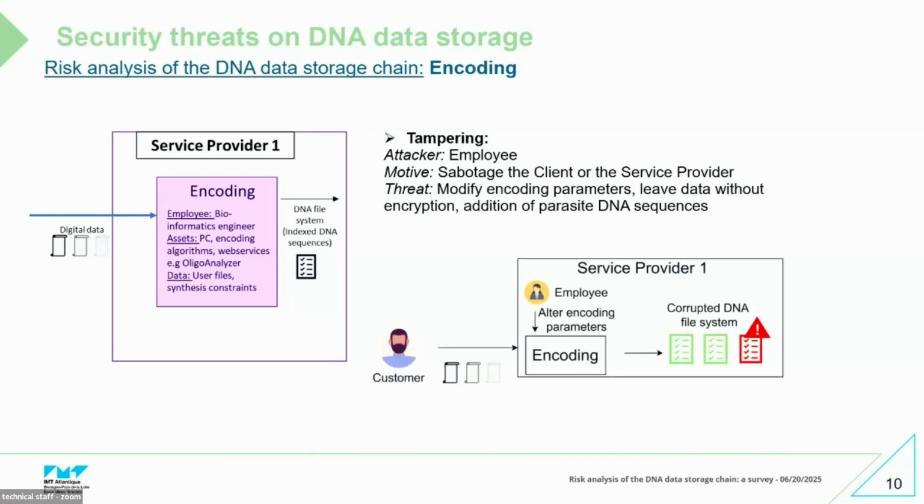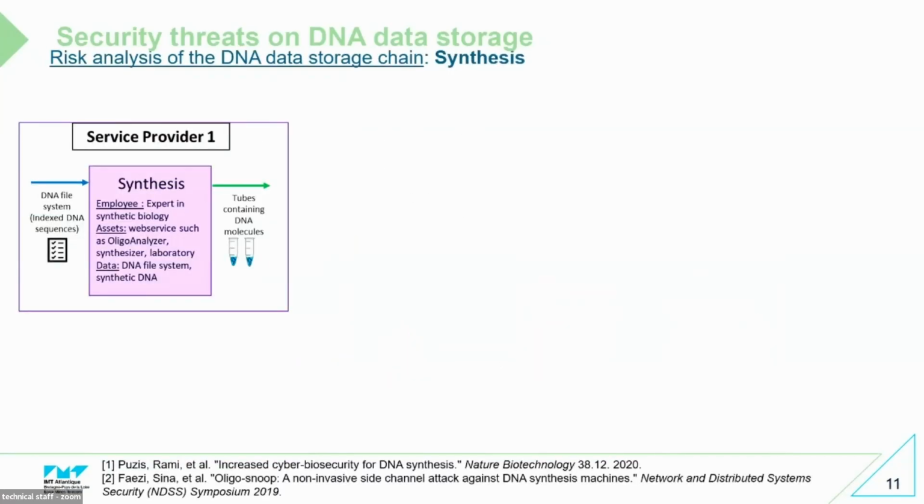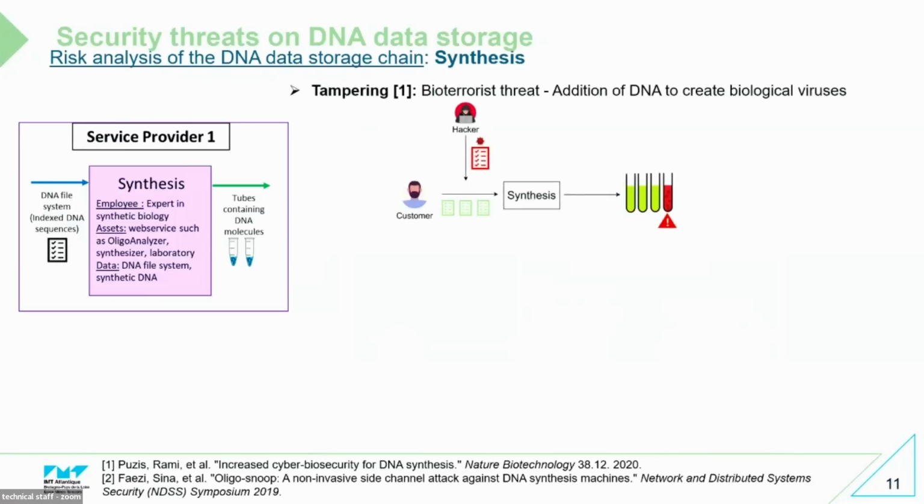Now, at the synthesis step, we have identified several threats. The first one is a bioterrorist threat. A hacker can add to the DNA file system some corrupted files that, when synthesized, will create some biological viruses.